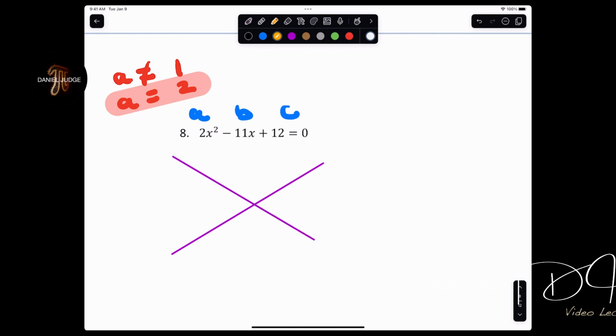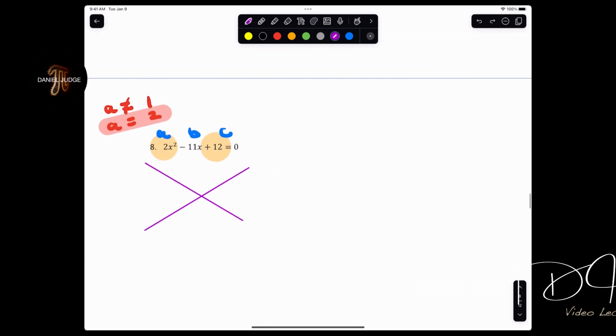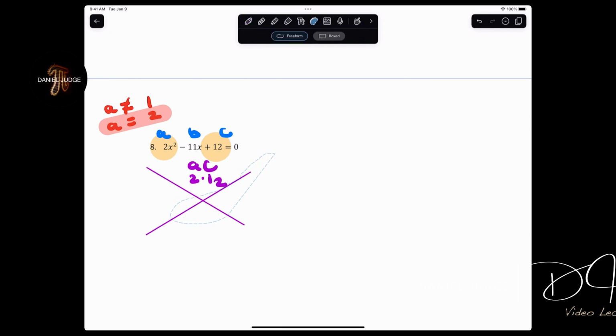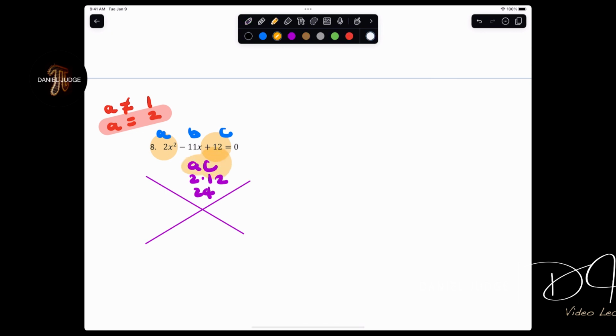Meaning 2 times 12, we have to have that product of AC again. And 2 times 12 will give you 24. Your B value is negative 11. Here's your B value.